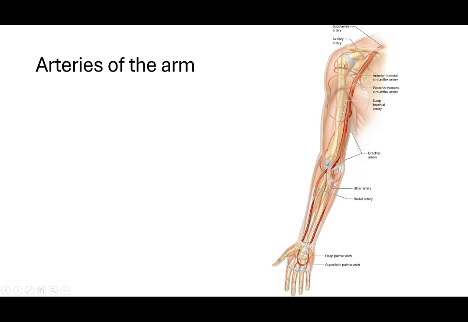When it branches medially, it's the ulnar artery. So it kind of follows along with the bones of the forearm. Okay, so you do not need to know anything in the palm, right? Because that's not in your lab manual, so don't need to worry about that. But just understanding the branching from the brachial artery, right? And that's going to branch just about at the elbow.